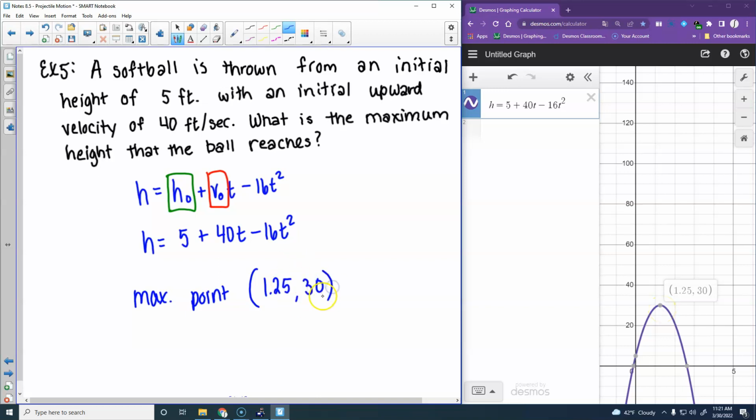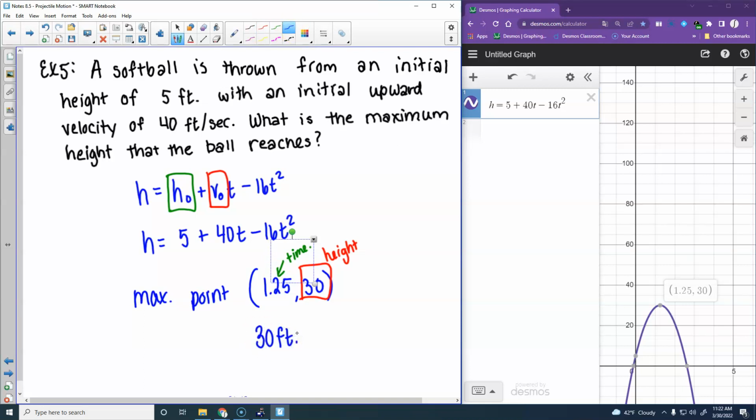But I can't give two answers, right? Only one of those is my answer. Which one is the answer? It's the 30, right here. This is your height, because if you think about your equation, your height is in that y spot right there. If it asked you for time, it would be this number. So if it said, what is the time when it reaches its maximum height, you would give 1.25. But 30 feet will be our answer.